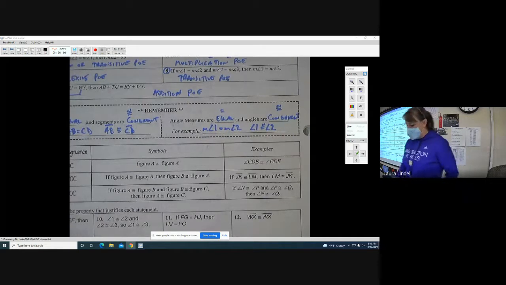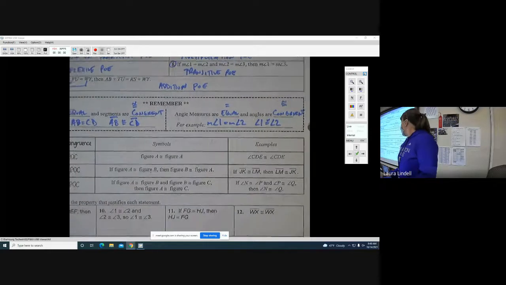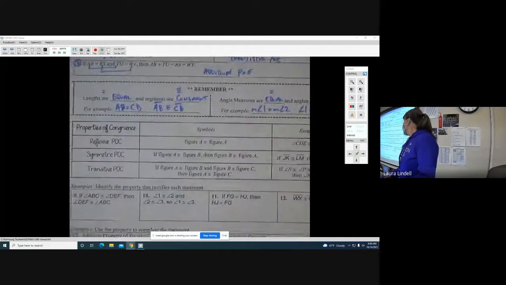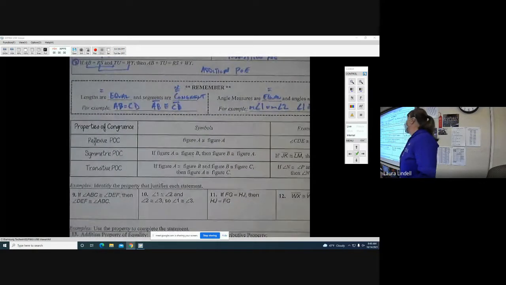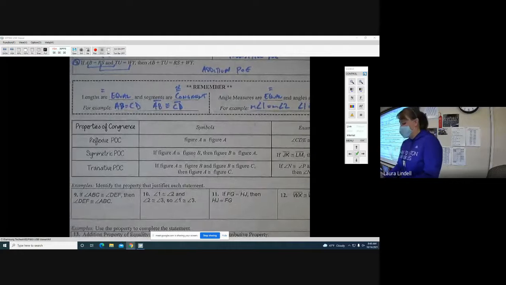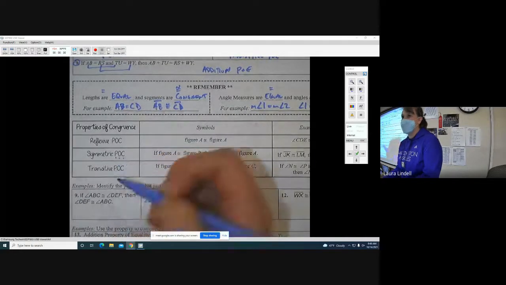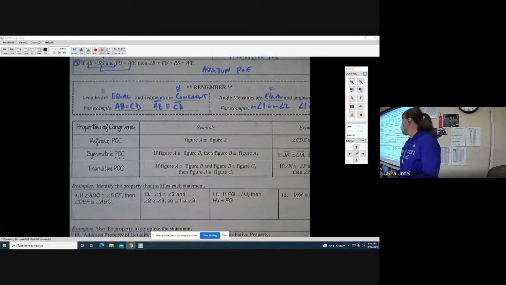So off of that same thing, we have properties of congruence. So we have like the reflexive property of congruence and the symmetric property of congruence, and it's denoted with POC instead. So we had POE and POC.